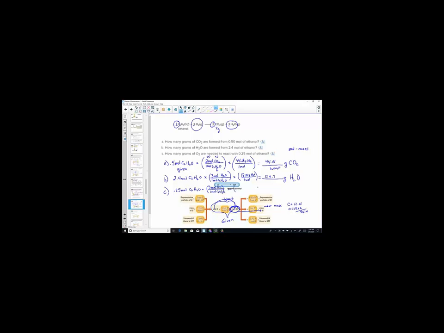And this time, to get out to grams, we need the molar mass of molecular oxygen. So that's 32 grams of O2 in every 1 mole. 16 taken twice is 32. 0.25 times 3 times the molar mass of 32, and you found 24 grams of oxygen. How did you do? Oh, I hope these are getting easier.